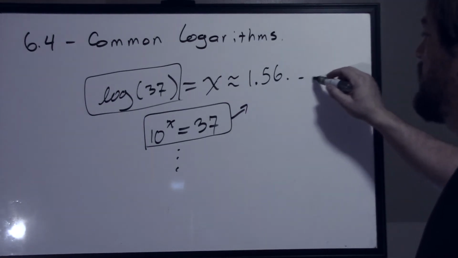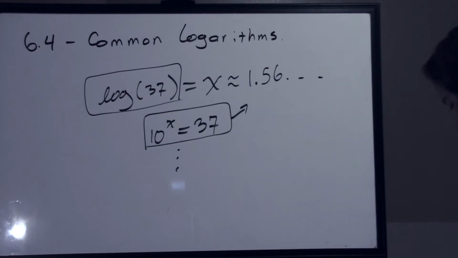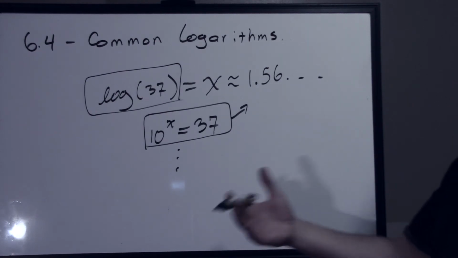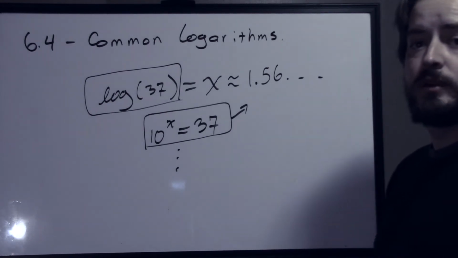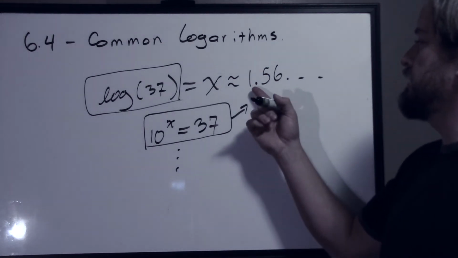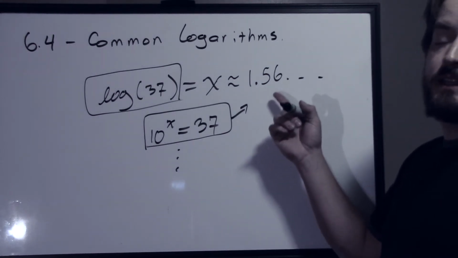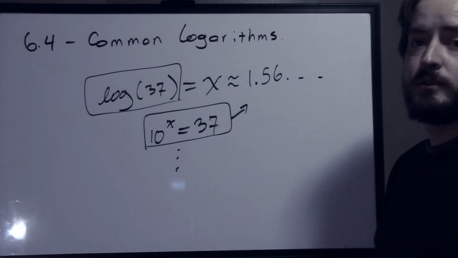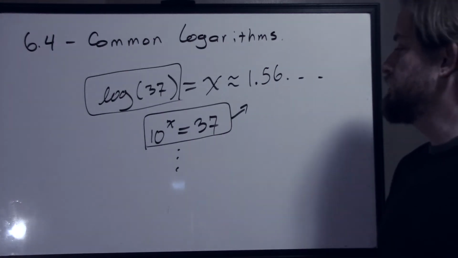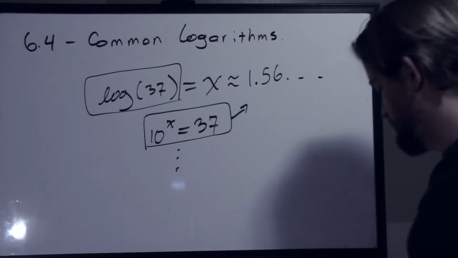And that number keeps on going. It's 1.568201, yada yada yada. But the important thing is that you can throw this into the calculator. It's 1.56, and like I said, between 1 and 2, which makes sense for 37.